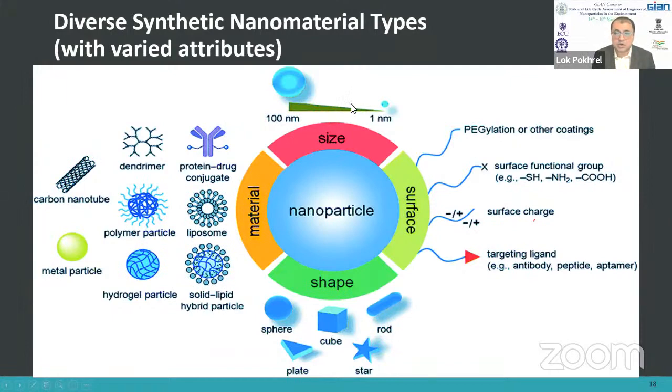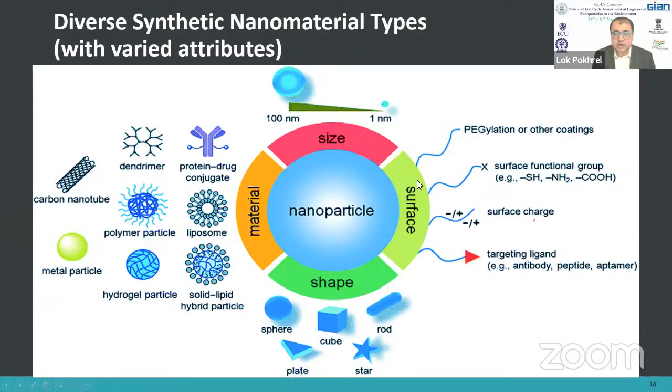If you follow the OECD definition of nanomaterial, which is mostly applicable in the European countries, they generally tend to look beyond the size. If it is 125 nanometer or 200 nanometer, but still shows some important characteristics which are different from the bulk counterparts or ionic counterparts, they tend to call those larger particles also nanomaterials or nanoparticles.